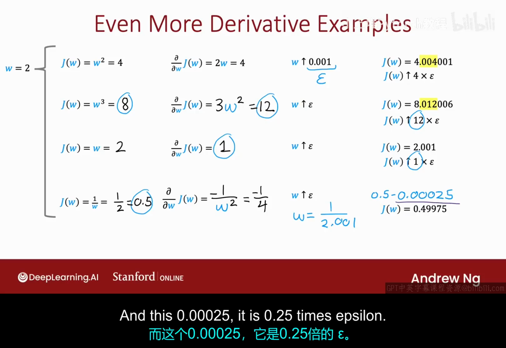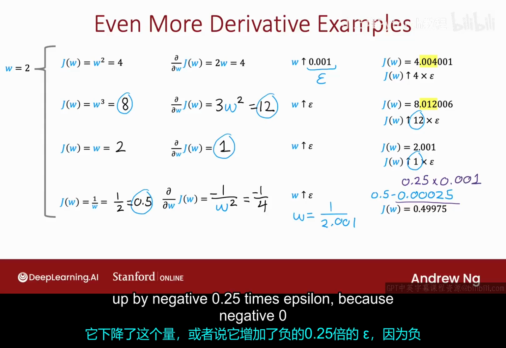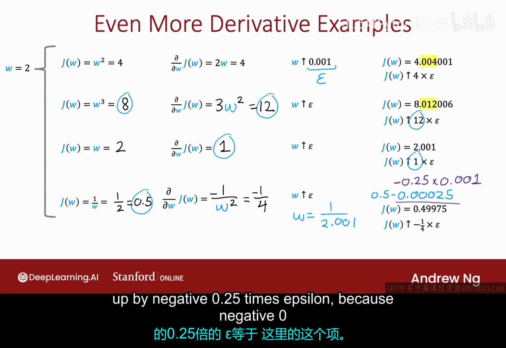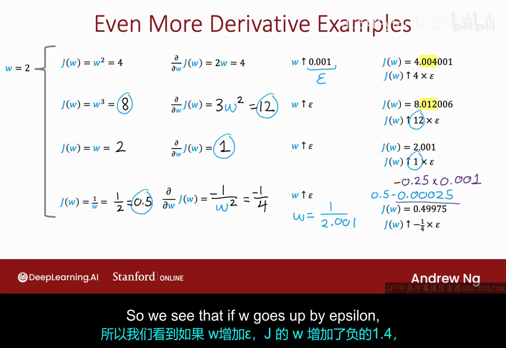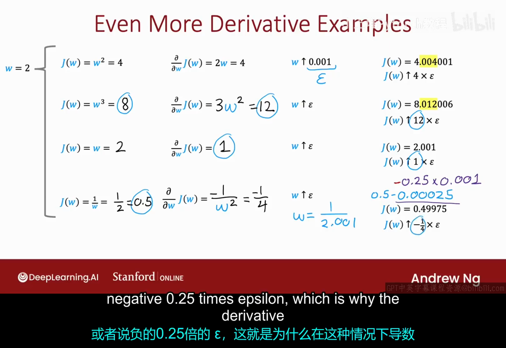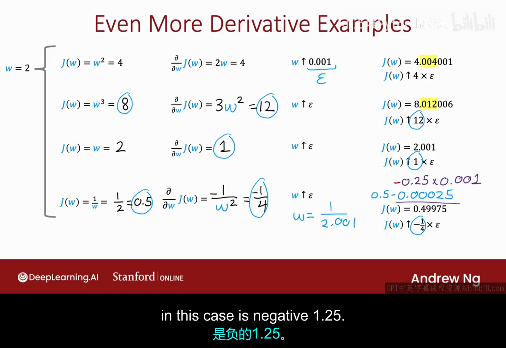And this 0.00025 is 0.25 times epsilon. It's gone down by this amount, or it's gone up by negative 0.25 times epsilon, because negative 0.25 times epsilon is equal to this term over here. So we see that if w goes up by epsilon, j of w goes up by negative 1/4, or negative 0.25 times epsilon, which is why the derivative in this case is negative 1/4.